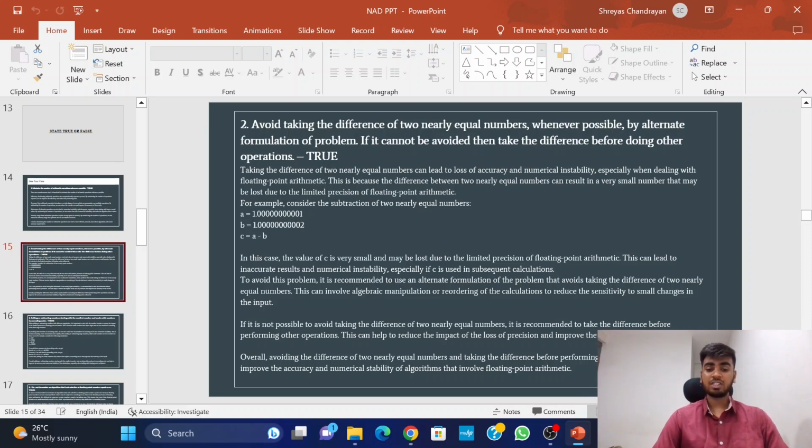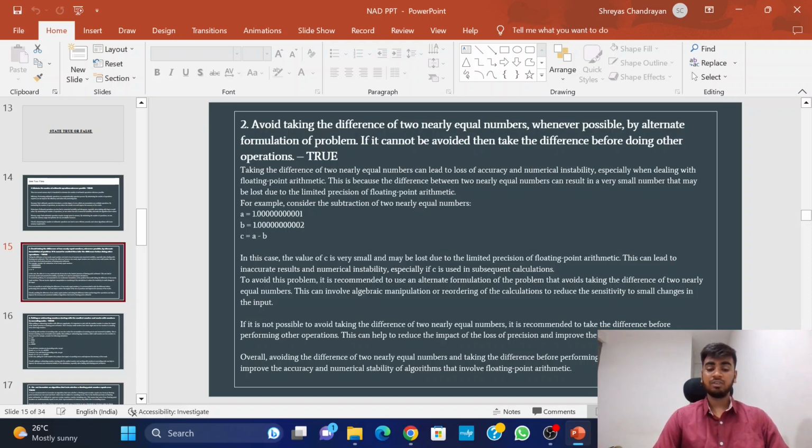So taking the difference of two nearly equal numbers can lead to the loss of accuracy and numerical instability, especially when dealing with floating point arithmetic. This is because the difference between two nearly equal numbers can result in a very small number that may be lost due to the limited precision of floating point arithmetic. For example, consider the subtraction of two nearly equal numbers.